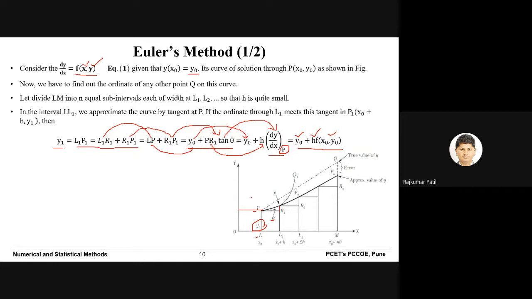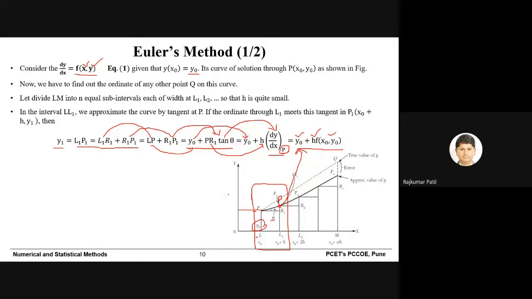With the help of this geometry, we can calculate the approximate value of y1 by using the equation y0 plus h into f of x0 y0. And this is the approximate value because the actual value will be somewhere here, that is the true value, but the numerical method we are using will give you the approximate value.